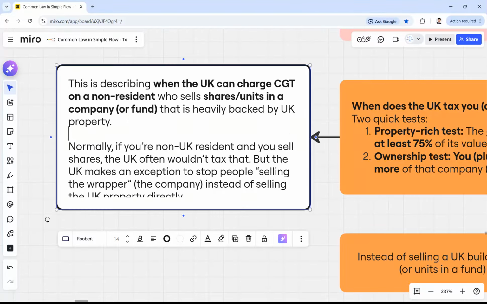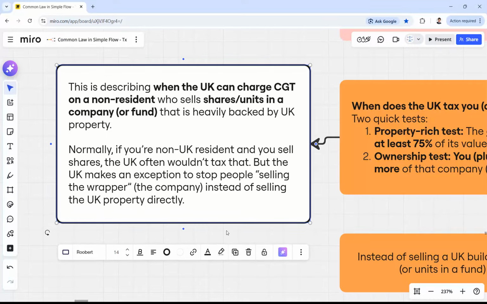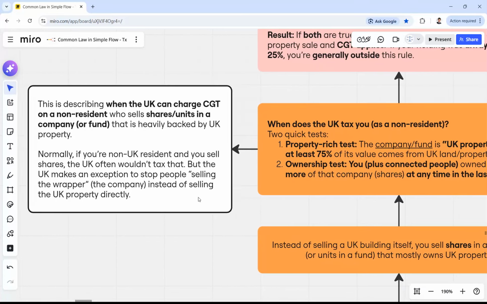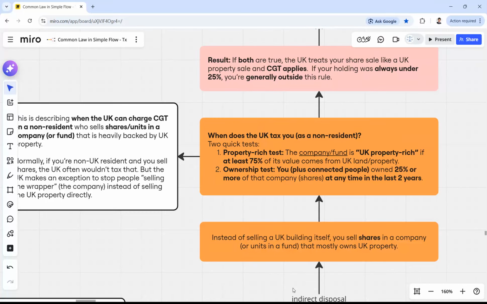Normally, if you are a non-UK resident and you sell shares, the UK often wouldn't tax that because you're not a UK resident, you have nothing to do with the UK. But the UK makes an exception to stop people selling the wrapper, the company, the parent container, so to say, instead of selling the UK property directly.